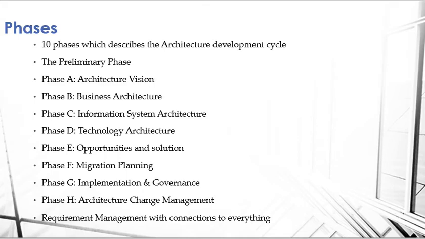Phase D is the technology architecture. Phase E is the opportunities and solution architecture. Phase F is the migration planning. Phase G is the implementation and governance. Phase H is the architectural change management, and lastly the requirement management, which is connected with all other phases from A to H.